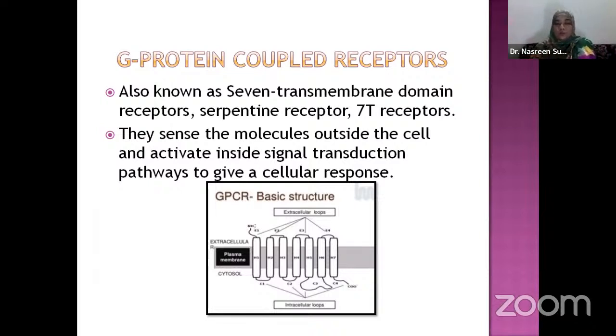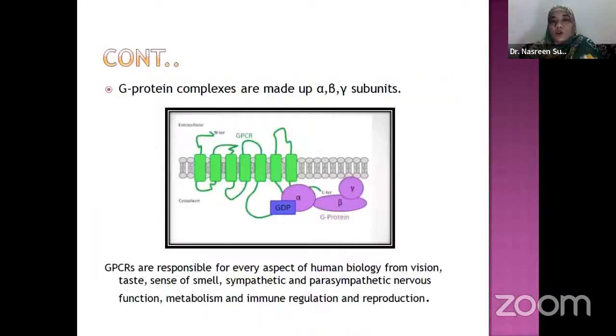Now G protein is a protein, and the receptor will have two terminals, the N terminal and the COOH terminal, the C terminal. The N terminal has an amine group attached, and this facilitates the attachment of ligands.